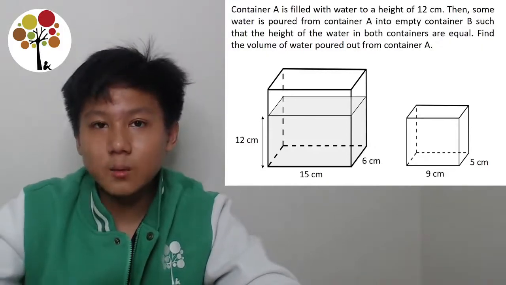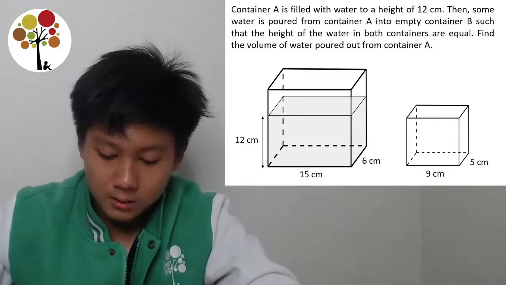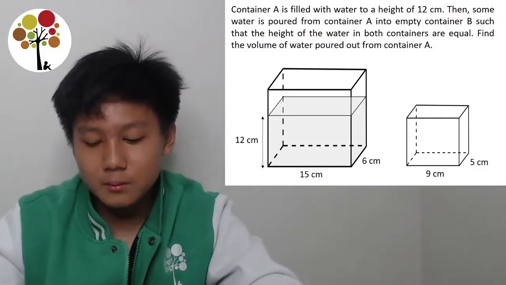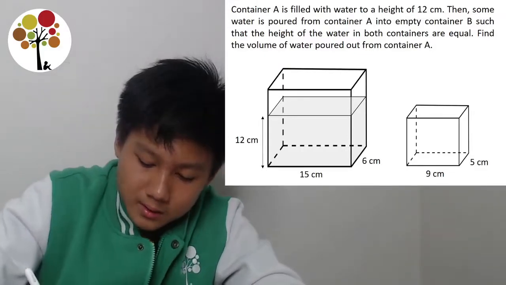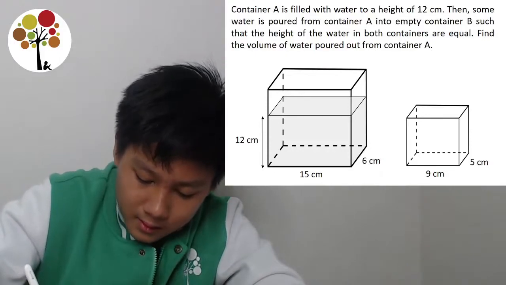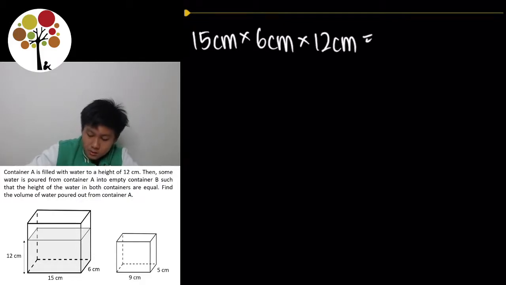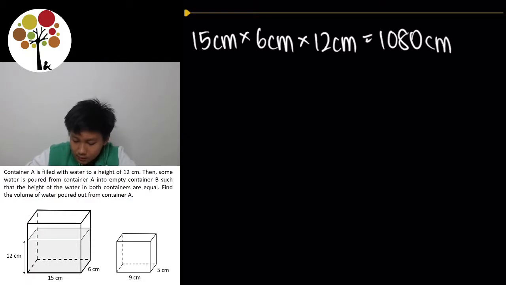So, first thing we need to do is find out how much water there is in total, which, like I said before, the volume is length times breadth times height. So in this case, it's 15 cm times 6 cm times 12 cm, which is equal to 1080 cm cube. That's the volume of water in total.